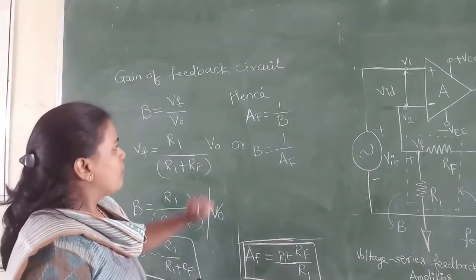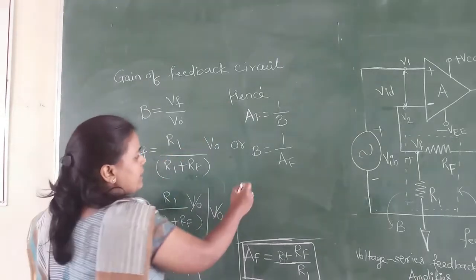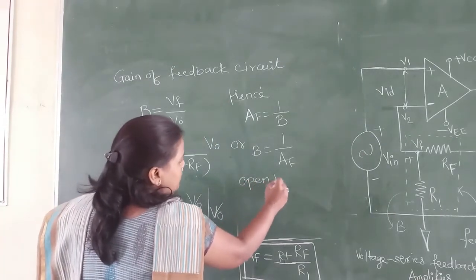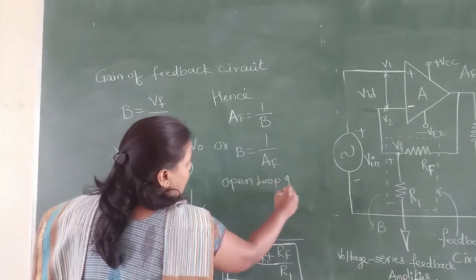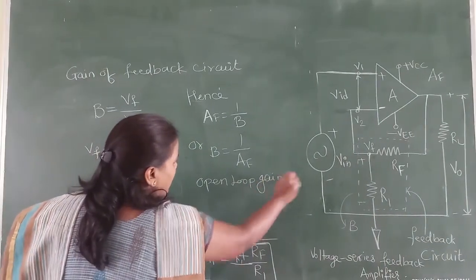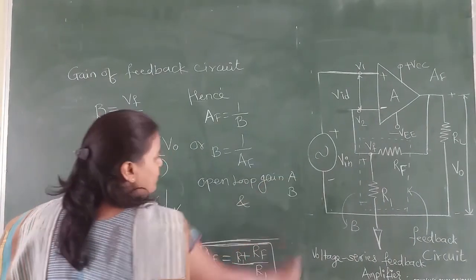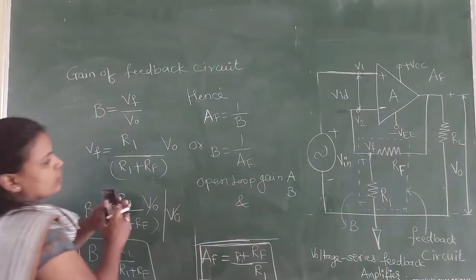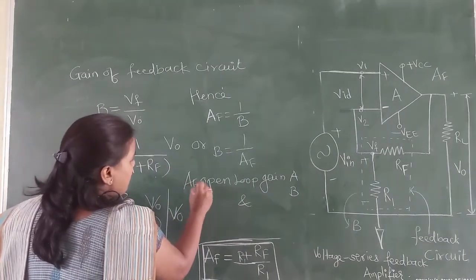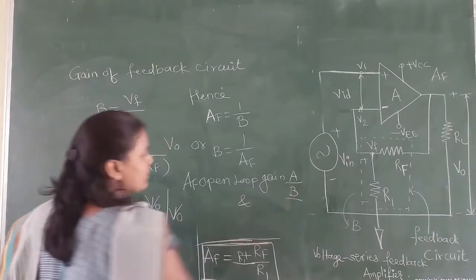We have to represent this AF now in terms of open loop voltage gain A and B. We'll see the next equation for representing AF in terms of these two gains.